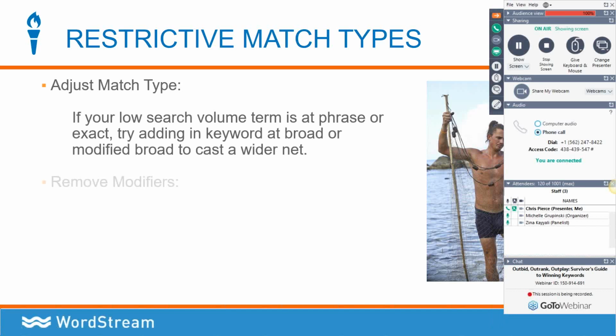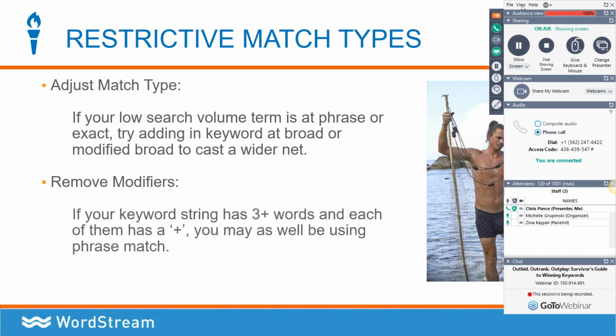Like we said, if you find that your keywords are getting this low search volume flag and they are on restrictive match types like exact or phrase, the logical next step is to try broad or modified broad. However, there are scenarios where you could be using modified broad and you still see this flag.